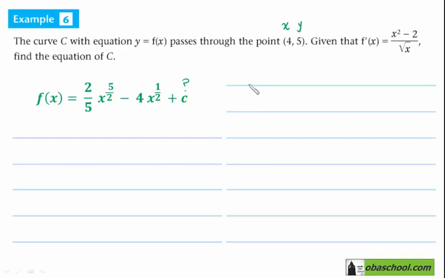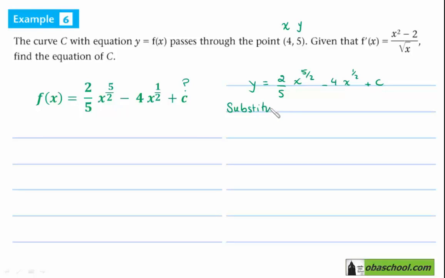Now we have the point x, y, or 4, 5 that is passing through the equation of f of x, which is y, given. Then we can rewrite this equation in the form of y, so it becomes y equal to 2 over 5 x to the power 5 over 2 minus 4 x to the power half plus the constant c.